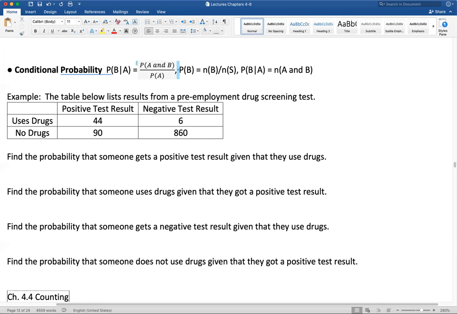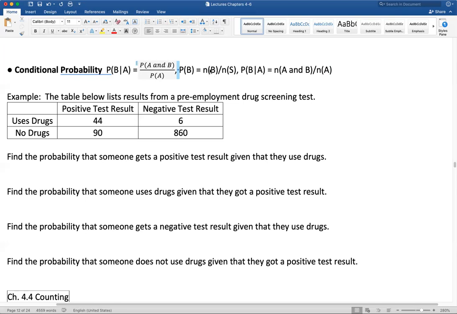Divided by the number of outcomes in event A. As you can see, we have two fractions, and the numerator is different, right?